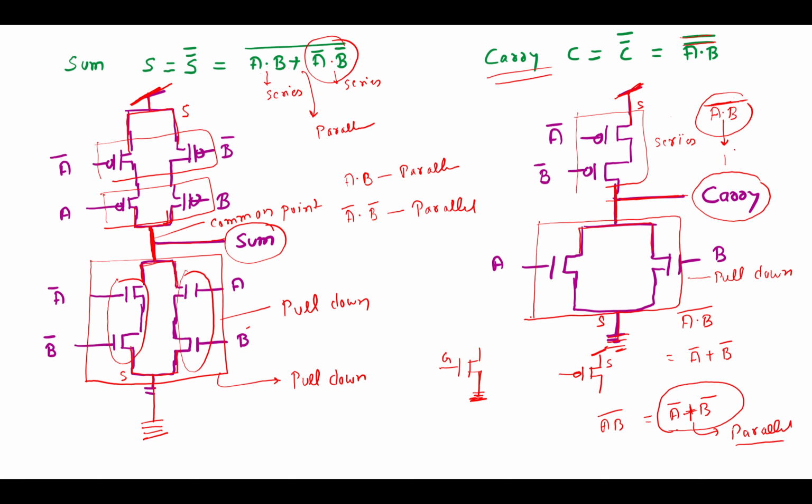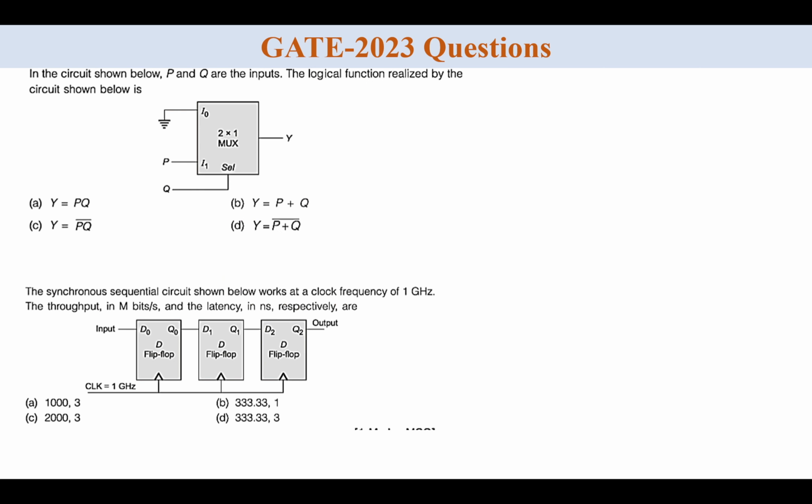Now we come to the GATE 2023 question. Here they have given a 2 to 1 mux, and this is the select line. The select line value is q. Now the question is, what is y? We know if the select line is complemented, the first input is selected, and if the select line is normal, the second input is selected. The select line value is q, so that is q bar.